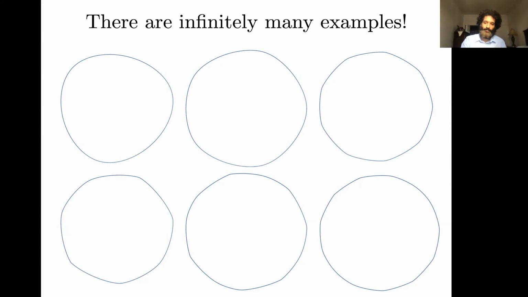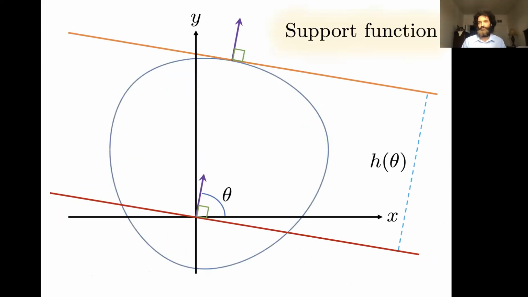In addressing that problem, and in just generating examples to learn from, a tool that we'll use is the support function of a convex set, or just in the plane here, the support function of a convex curve.